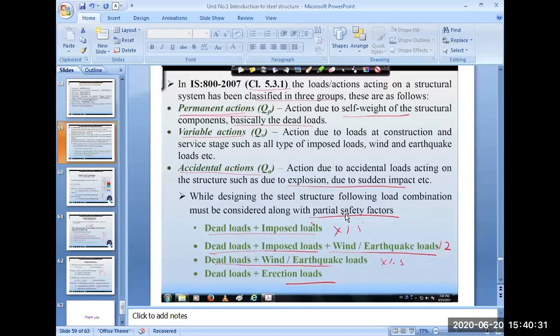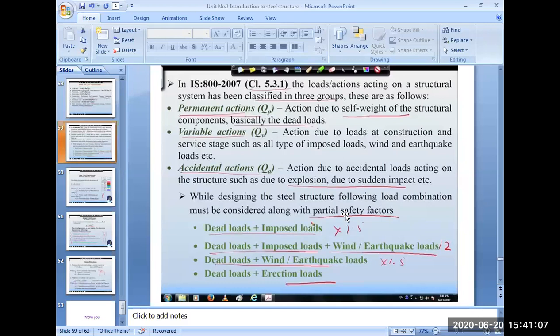Another is variable action. The second one is the variable action. Variable action is basically imposed load, meaning live load and wind load, or we can consider earthquake load also. These are not permanent. In permanent action, only dead load is there, the self weight of the structure.